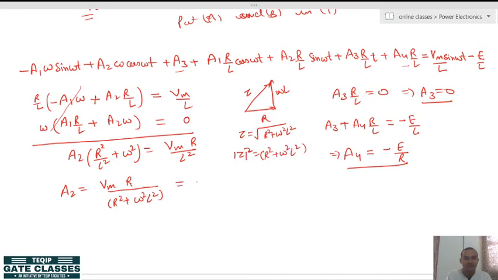Hence we can write this as Vm r upon z square, and we know that cos phi or power factor is given as r by z. This implies that a2 can also be written as Vm upon z cos phi. So we have got a2.